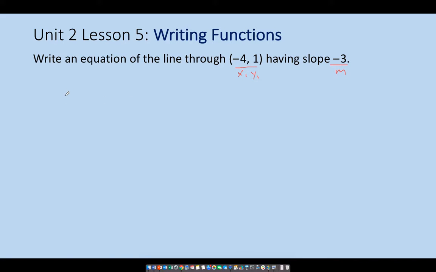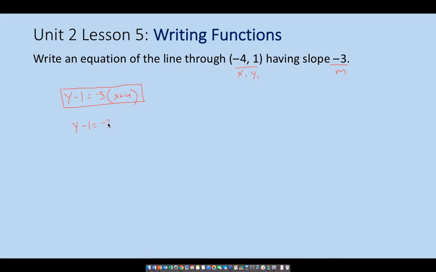If you can remember that form, we get y - 1 = -3(x - (-4)), so plus 4. So there is an equation of a line that goes through (-4, 1) and has a slope of -3. If I wanted to turn it into slope-intercept form, I could certainly do that, but this is definitely a legitimate function. I don't need to change it unless I'm asked to.